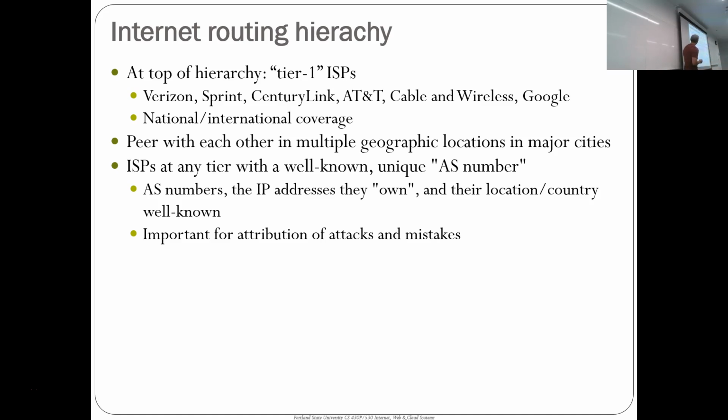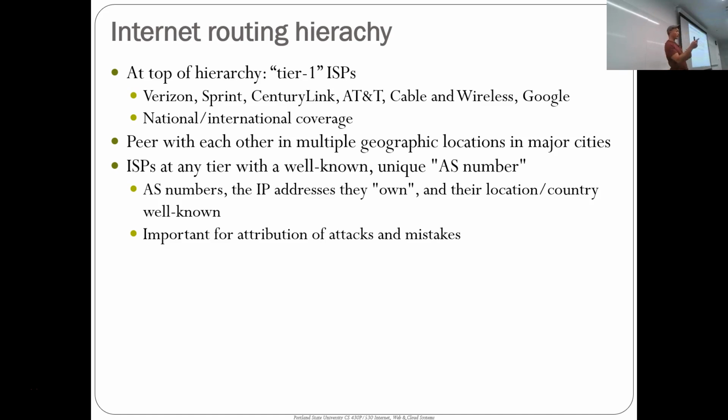One of the things with ISPs is that every ISP has a unique AS number. And these AS numbers and the IP addresses that they've been assigned, they're all well known. So if you're getting bombed by some IP address, you can look up that IP address to see where it's coming from and do some forensic analysis of, okay, this thing is from Saudi Arabia, or this thing is from Britain, or this thing is from South America.